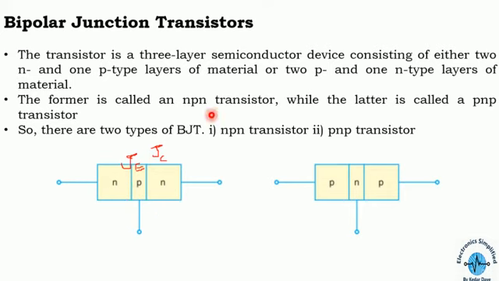And here, if we do not consider this N region, then it is also forming a PN junction diode. But the first PN junction diode, its direction was opposite towards this regular PN junction diode.